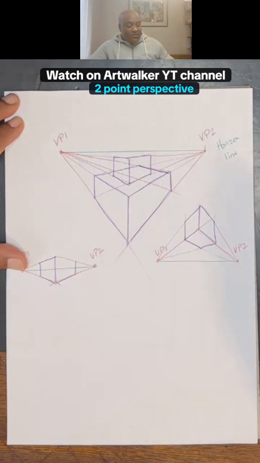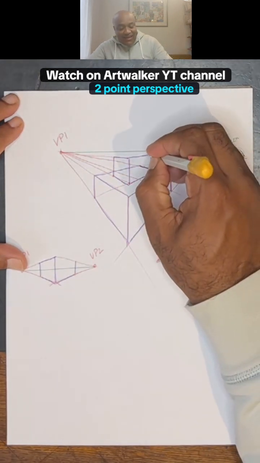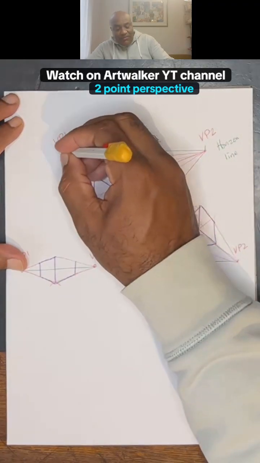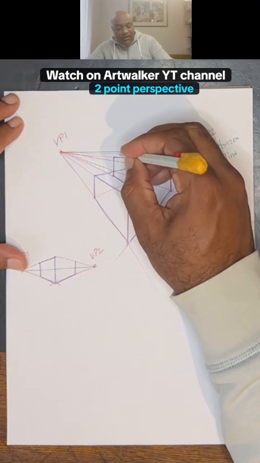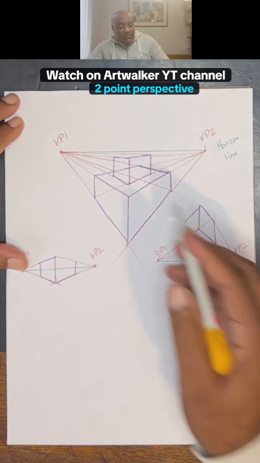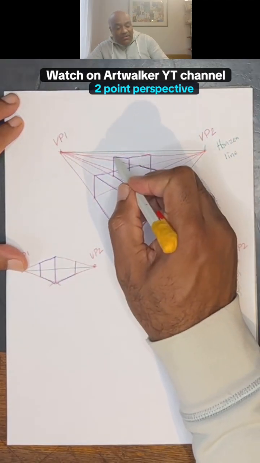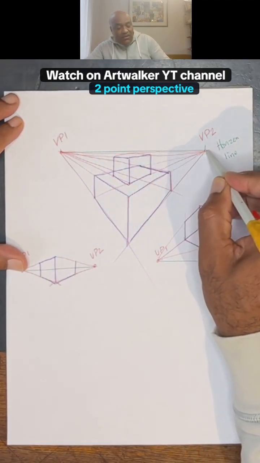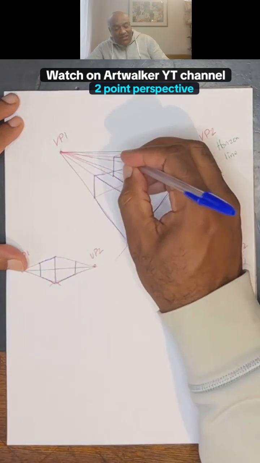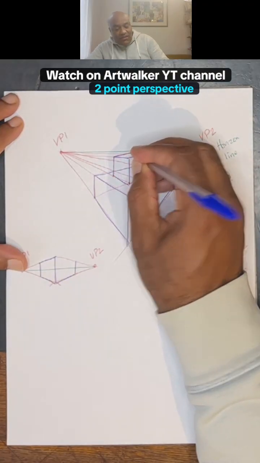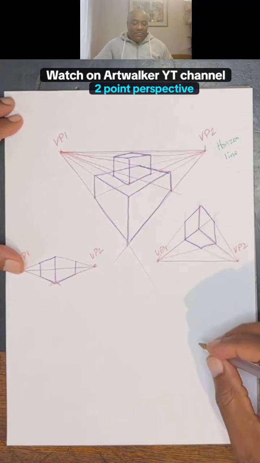See, we can still see just slightly the top here. So we go vanishing point, connect to this corner, vanishing point, connect to this corner. And then we can just see the top of that box.